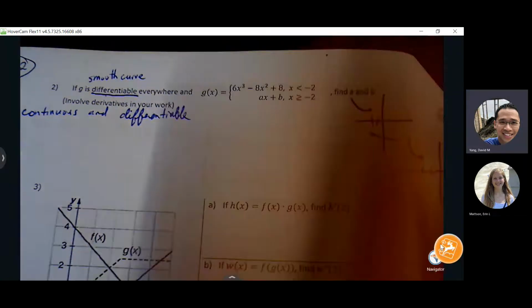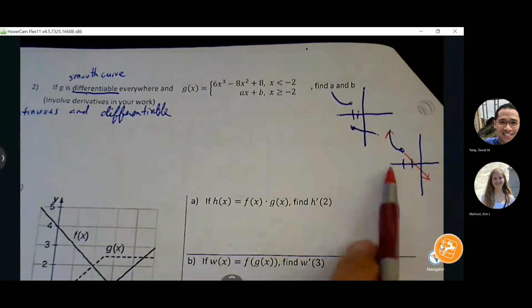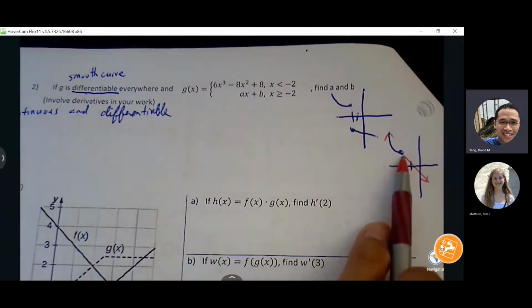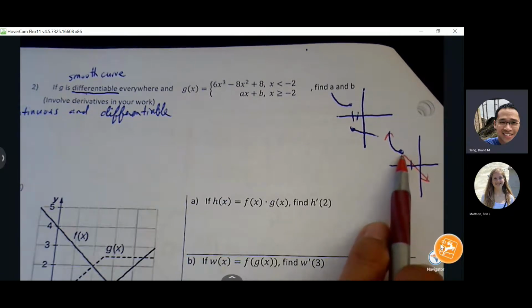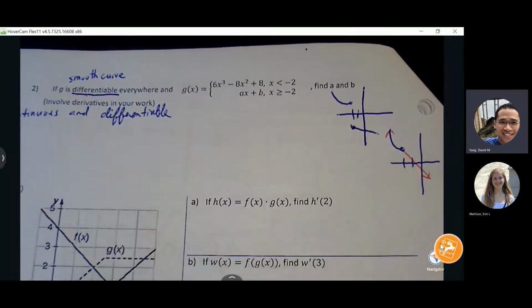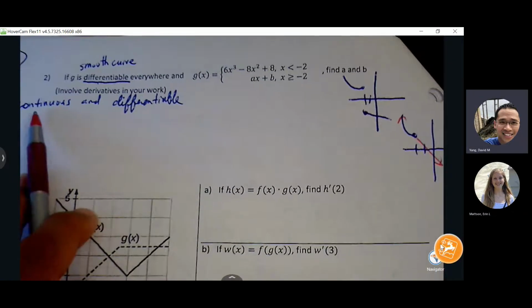What about now? Now it does, right? So if they share the same y value, then these two graphs are going to connect. If these two graphs connect, that will help us do the continuous portion of the graph.